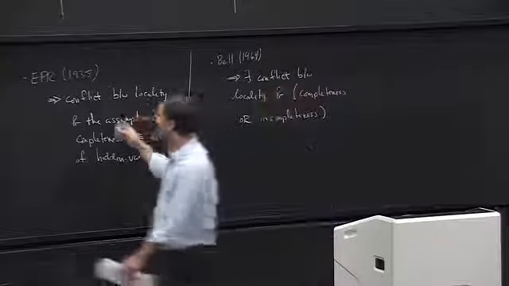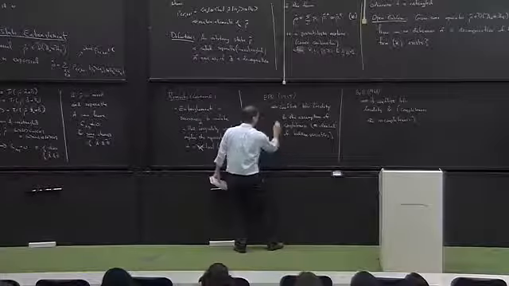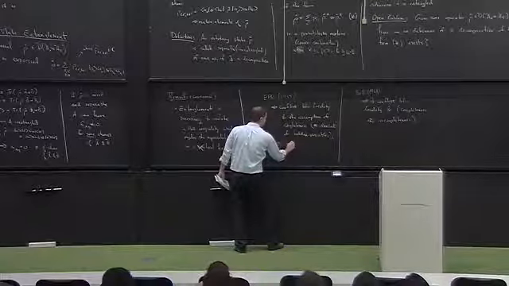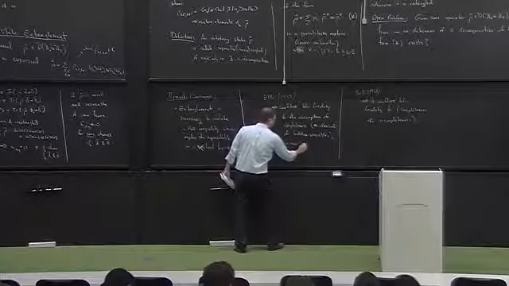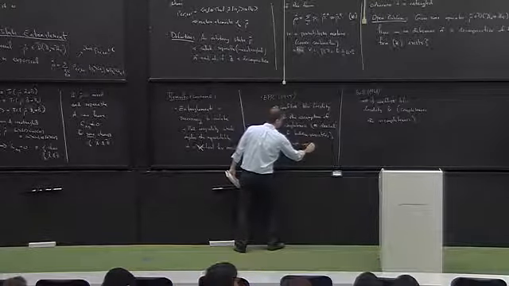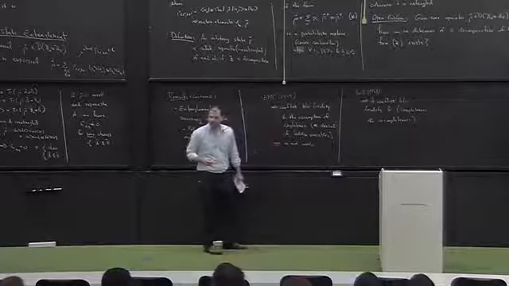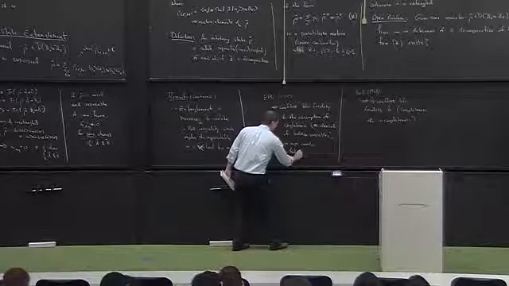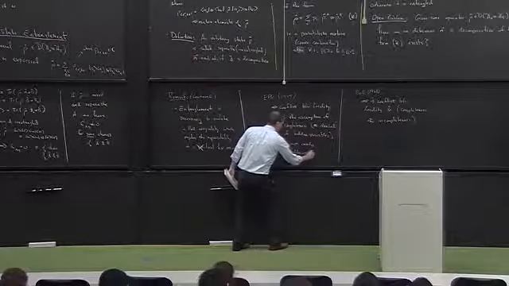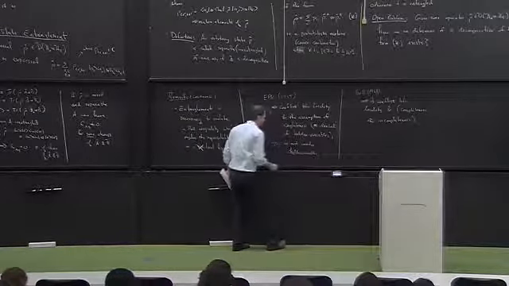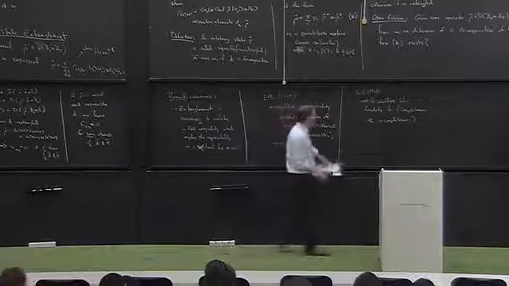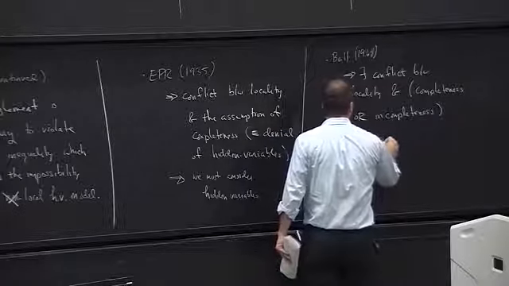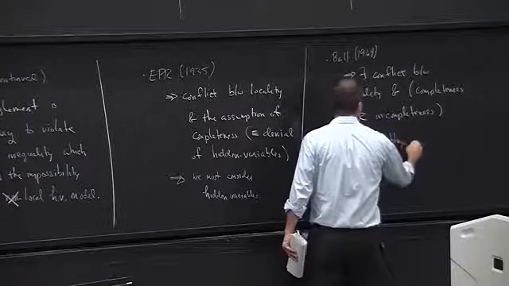Einstein and EPR concluded, given that conflict, that we must consider hidden variables because the assumption of locality was sacrosanct. And then Bell showed that actually the problem lies with the assumption of locality.